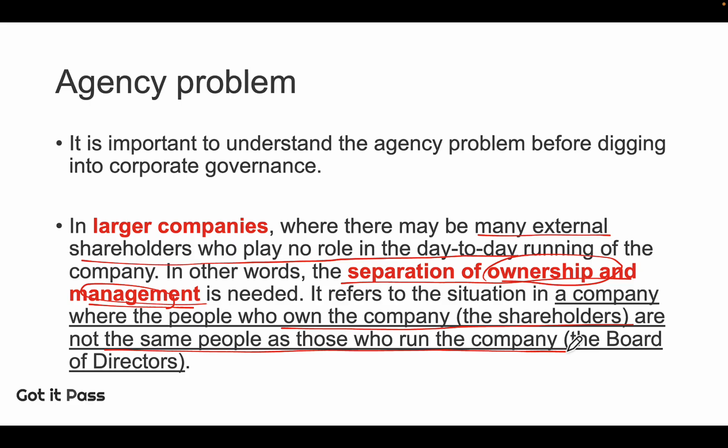We will explain what the board of directors is later, but here the concept is clear. In larger companies, because the owner is not the same as the manager running the business, there is a separation between them. So an agency problem arises in this scenario.